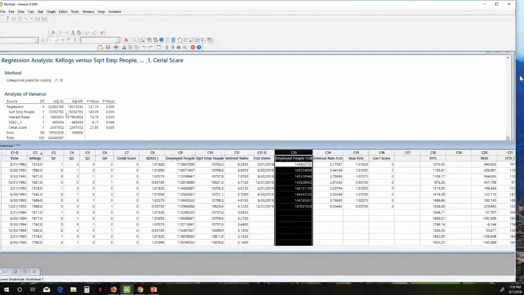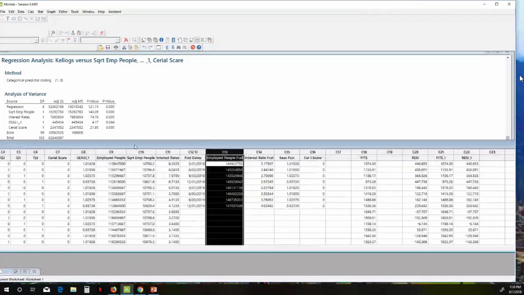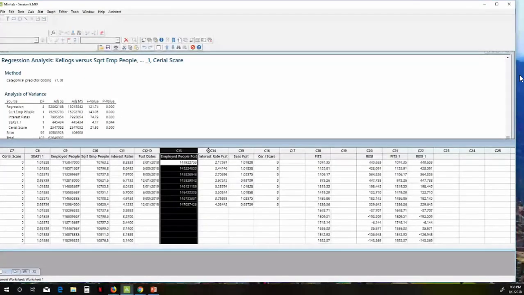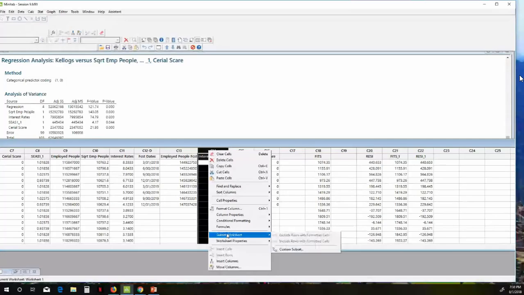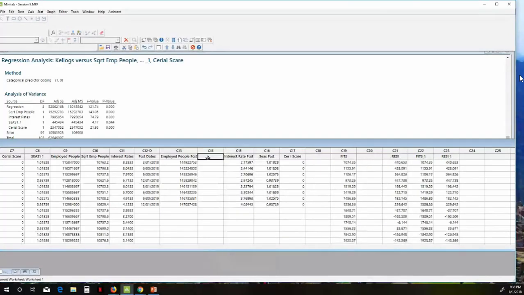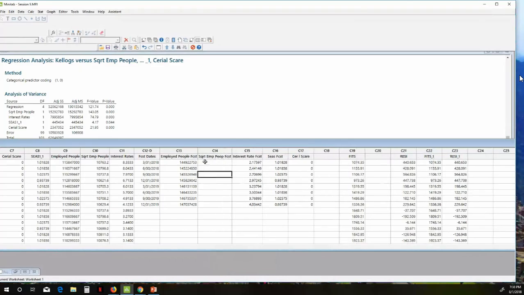So what I have to do is create that same function for the forecast, the square root of employed people forecast. And how do you do that? You just take the square root of that and place it over here. Let's do it. Go to calculator.